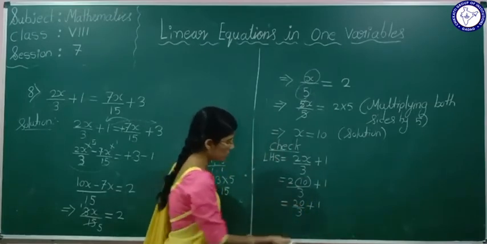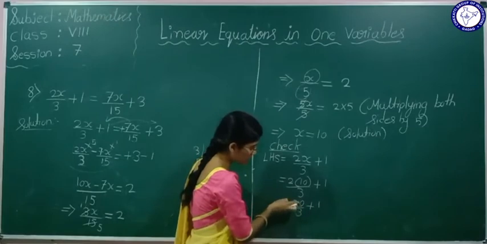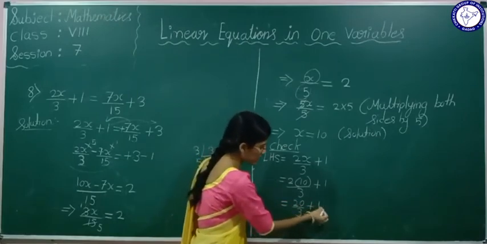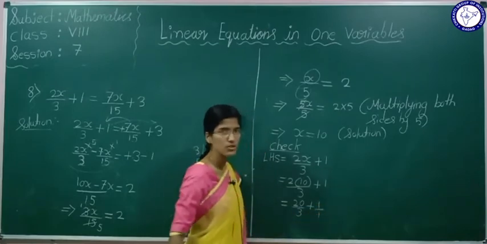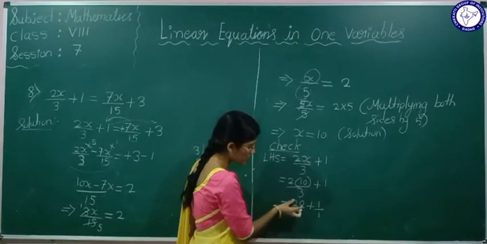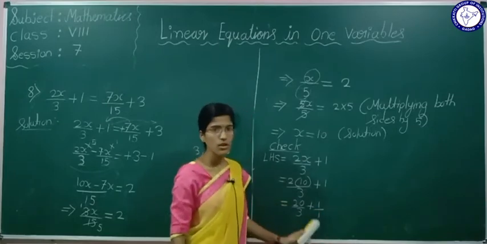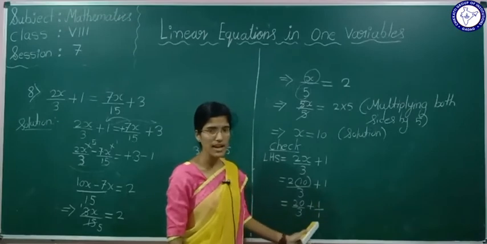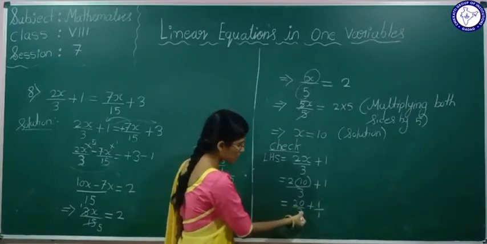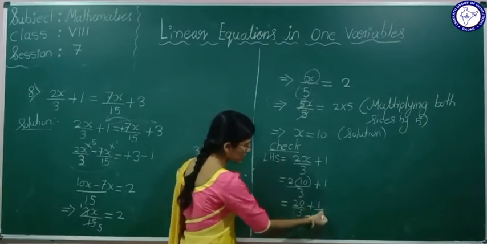Now see here, you can't do 20 by 3 plus 1 directly. See here, if nothing is there, it means 1 will be there. You need to remember this. So you can't directly add this, 20 by 3 plus 1 is equal to 21 by 3. You can't add directly like this. Right. Now see here, with the LCM you have to make the denominator the same.